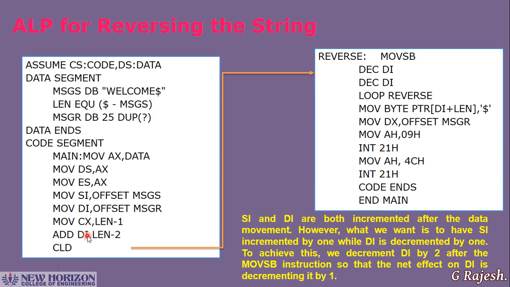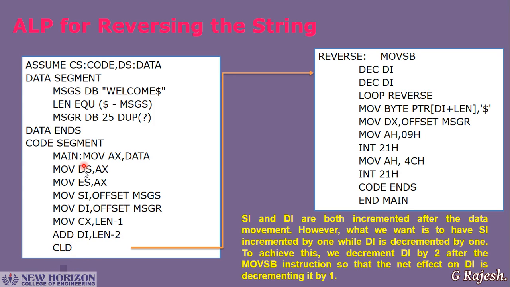It is not actually a character and not a part of the string, so we count only up to this. That's why we take length minus 1. So CX is loaded with the actual length, and we are adding DI to length minus 2. And then we are clearing the direction flag.